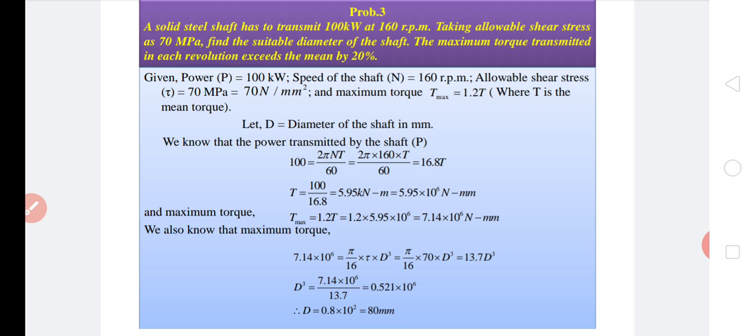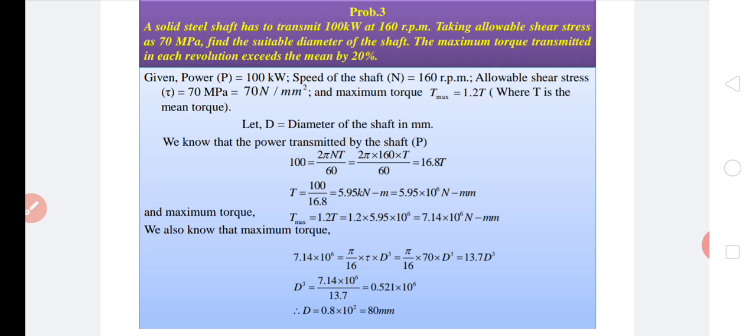Here, type is solid shaft, power mentioned is 100 kilowatt, speed N equals 160 rpm, and tau is 70 megapascal.